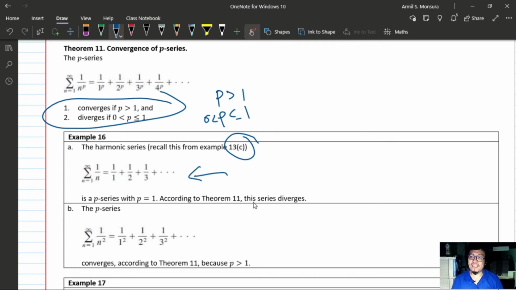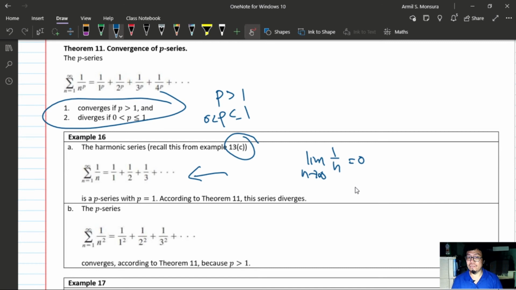We actually had to use the n-th term test for divergence, in which we determined that although the limit of 1 over n as n approaches infinity is 0, we won't be able to say that this is convergent or divergent.